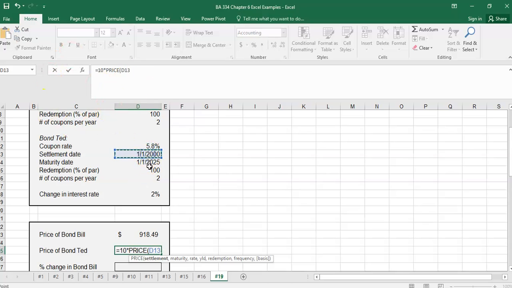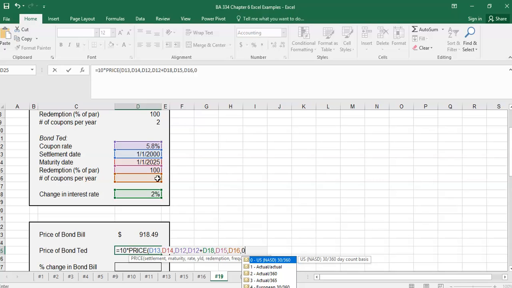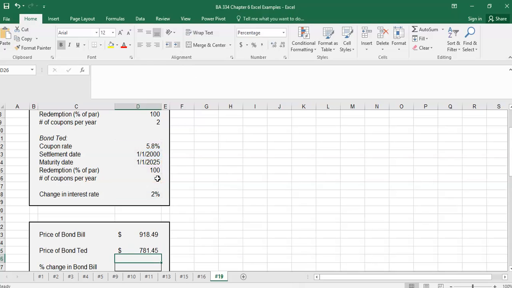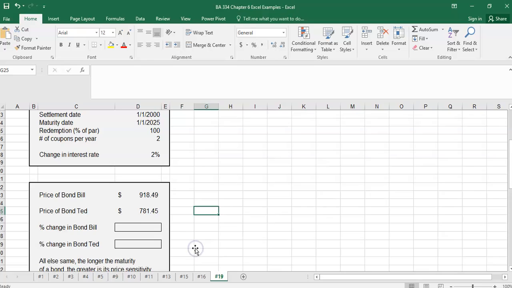So our settlement date, maturity date, the coupon rate, and then the yield is the coupon rate plus 2% because it grows 2%. Our redemption is 100. The frequency is 2 times a year, and our basis defaults at 0. So then we get that the price of Ted is $781.45. It has a longer time to maturity, so we knew that it would be less.